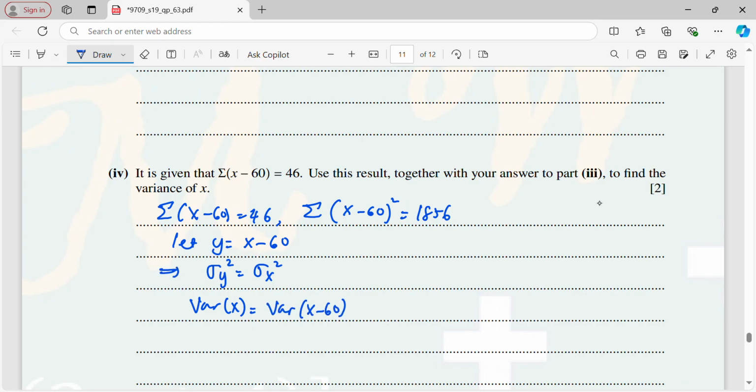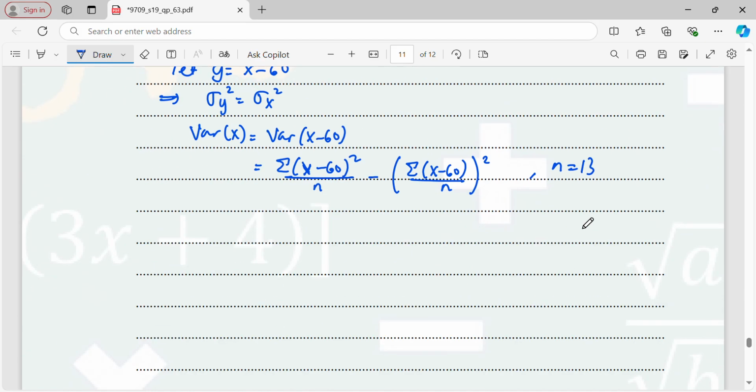Then variance is summation of (x minus 60) squared over n, minus the mean squared. The mean is summation of (x minus 60) over n. Now remember, in each school, n is 13.